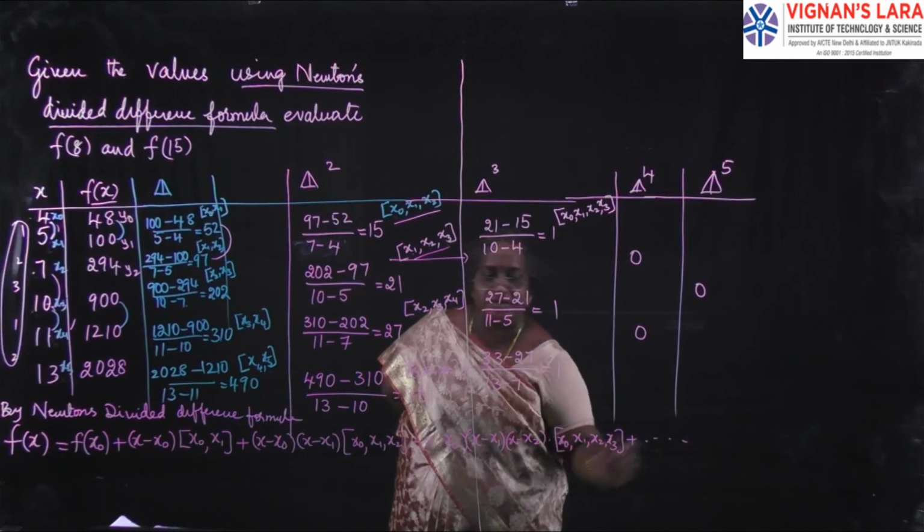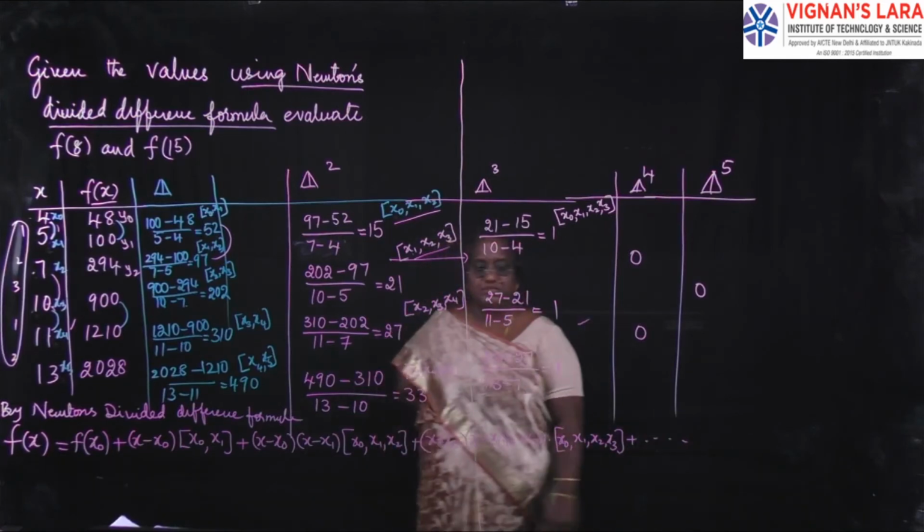I put 'and so on' because I have the difference table only up to the third divided difference.